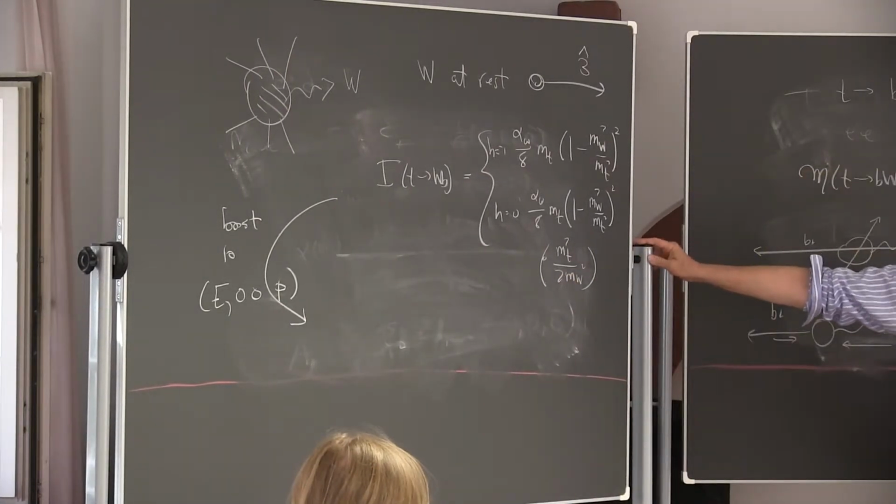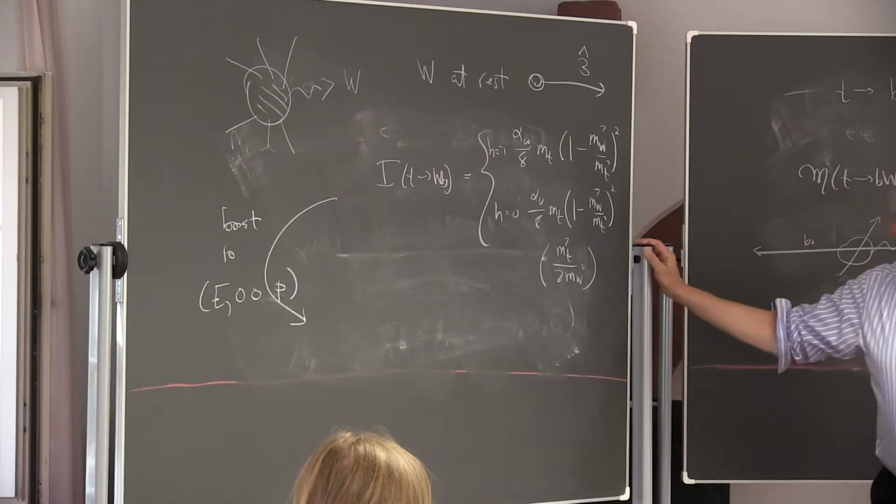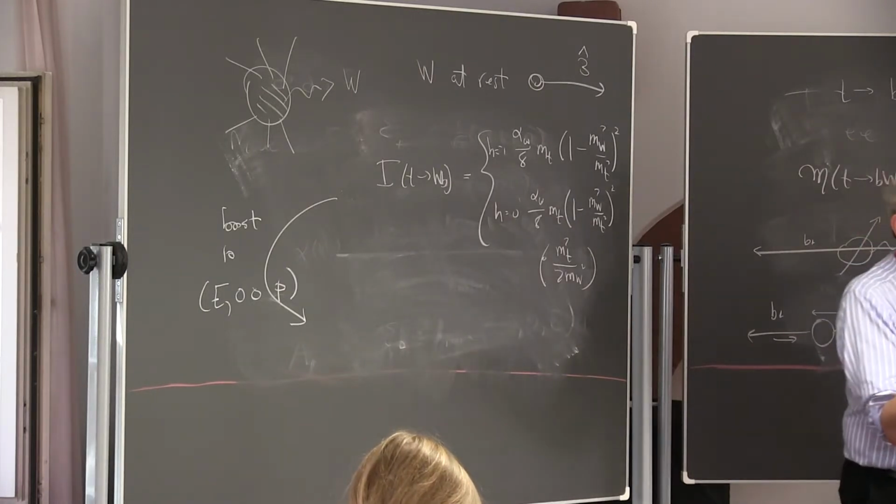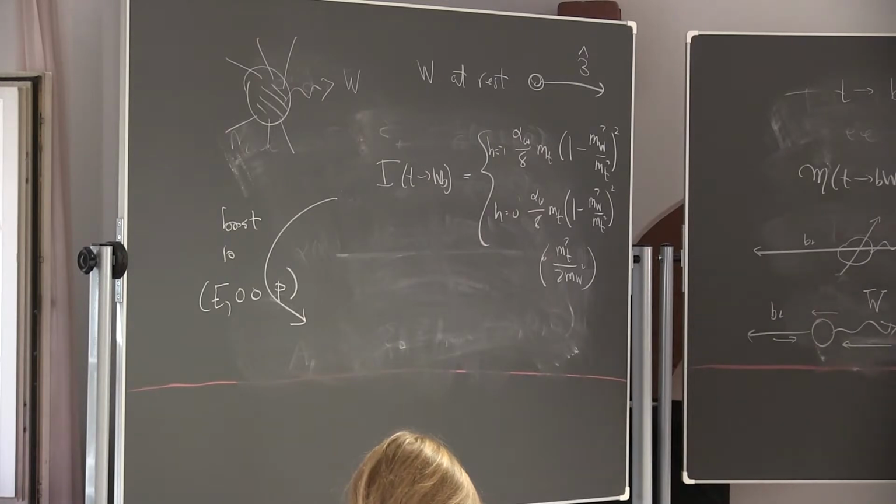And this has an interesting implication, that if you're at the LHC, you'll see the W because it decays to a lepton and a neutrino. A transversely polarized W plus will decay to a forward or a hard lepton.